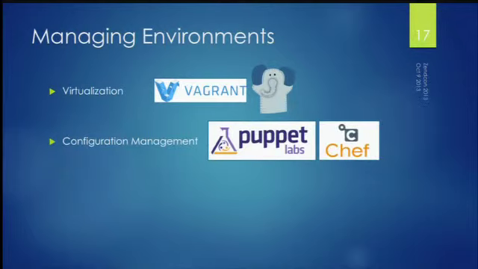Now, part of what Vagrant uses is configuration management, which is a lot of what Puppet sets up. But if you don't want to have to use Vagrant, for example, maybe your IT department won't allow you to run virtualization, you can use configuration management like Puppet or Chef to get a list of configs for all of your boxes.